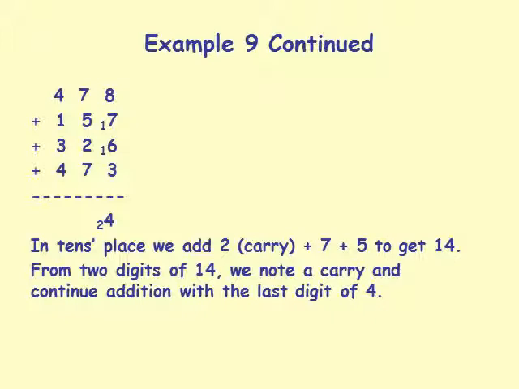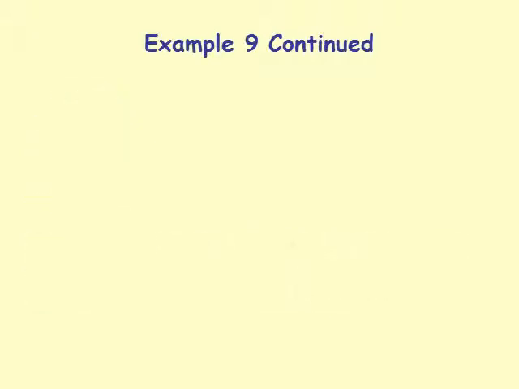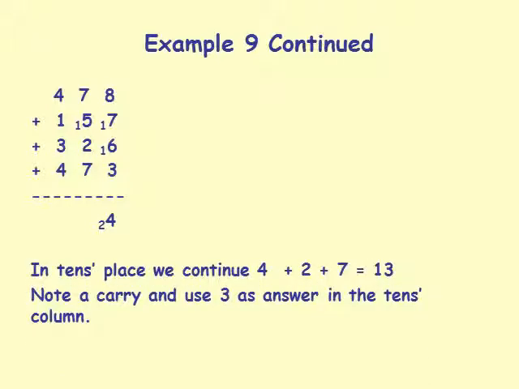So we got 2 digits. So we note down our carry and continue the addition with the 4. So we were here, and we noted this carry here and continue with 4. 4 plus 2 is 6, and plus 7 is 13.